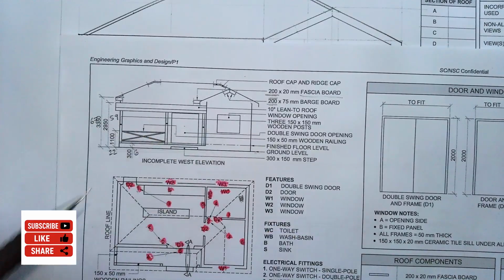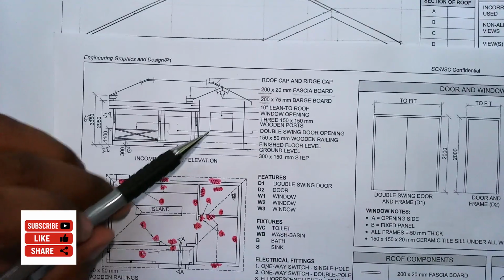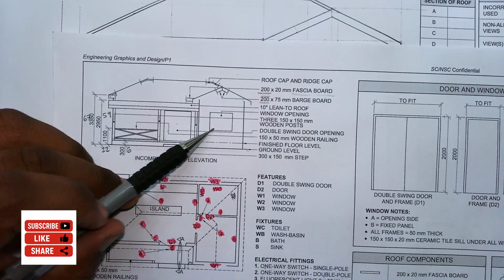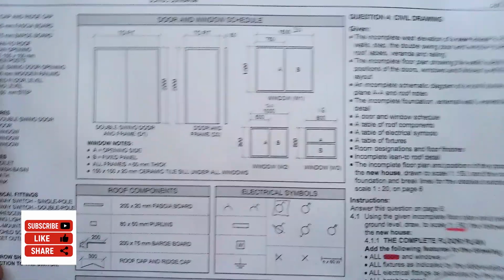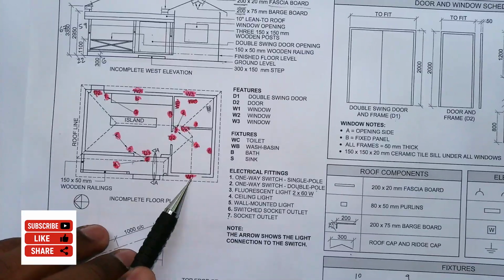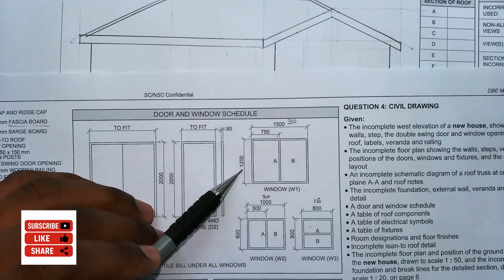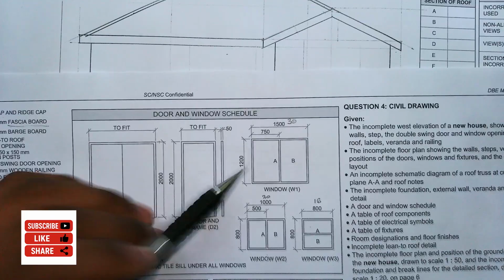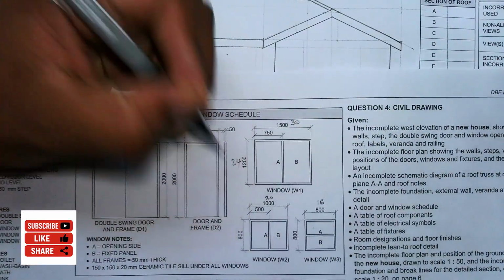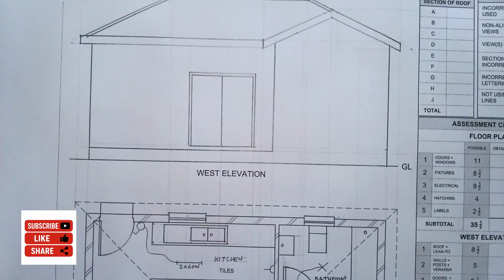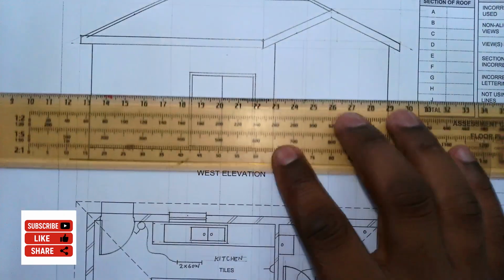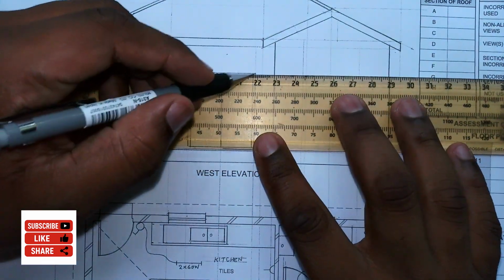Okay, so now I'll just draw the window. Obviously the height of window 1, where is window 1? Window 1 is here, it's 1200. I have to divide that by 50, which is 24, so that's 24. So obviously the windows and the doors, they're on the same height.